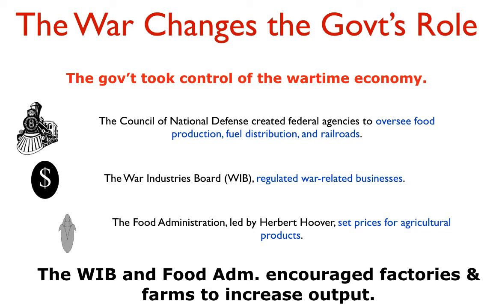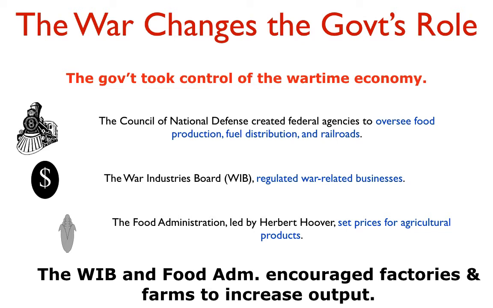They also created a War Industries Board, which regulated war-related businesses to increase their production levels, so that we were creating enough bullets, guns, canned food, uniforms, boots, and all that stuff.